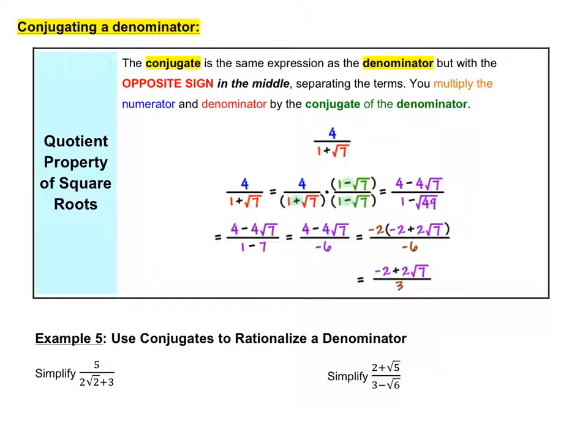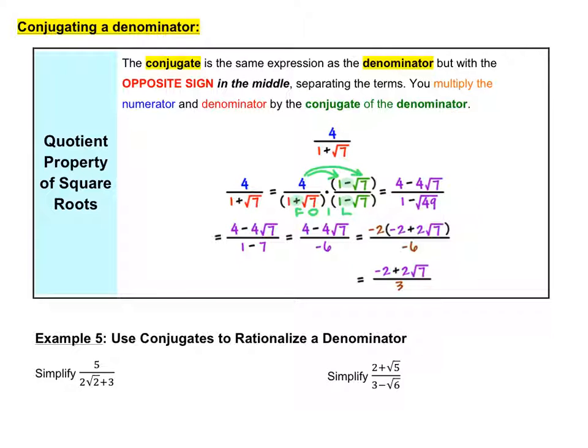And when we multiply the numerator, just again refreshing your memory on this, we're going to distribute that 4 to both of the terms. When we multiply the denominators, we're going to need to FOIL these. And what's going to end up happening is our middle term is going to cancel out.